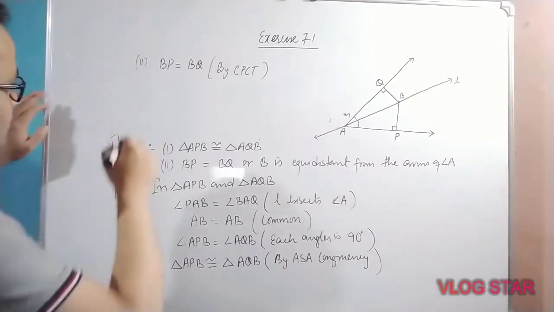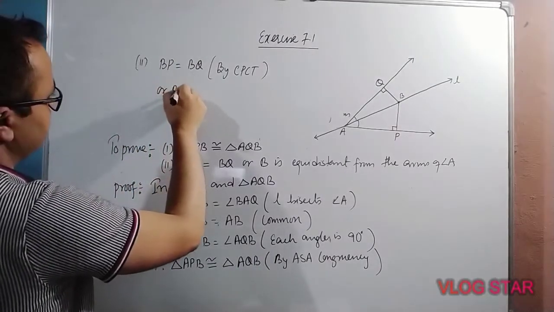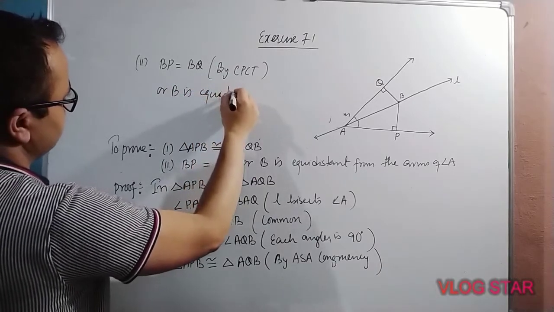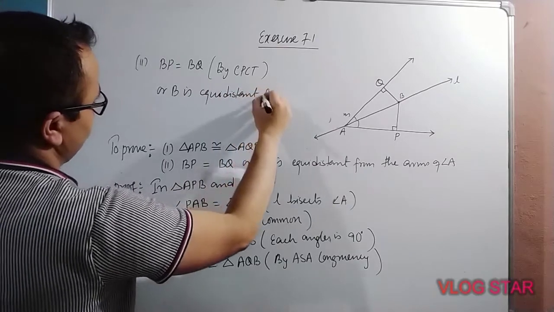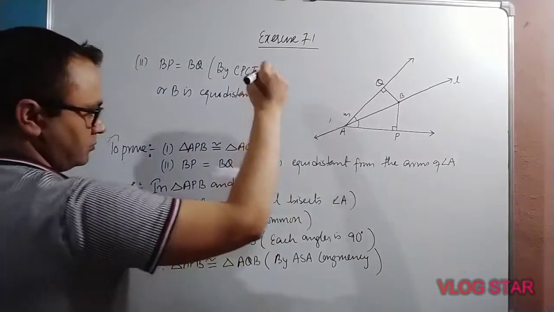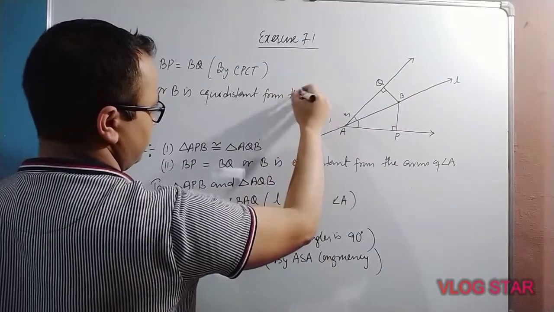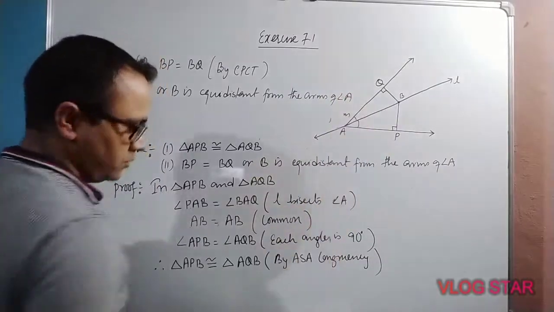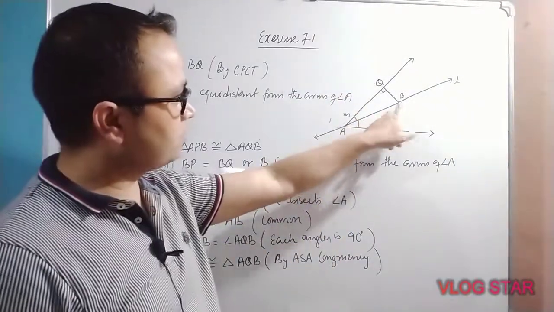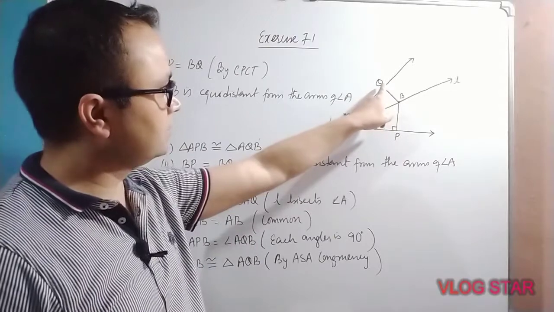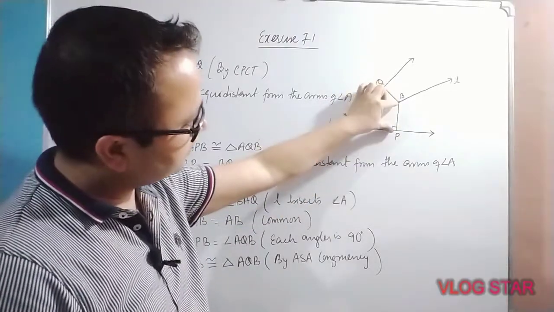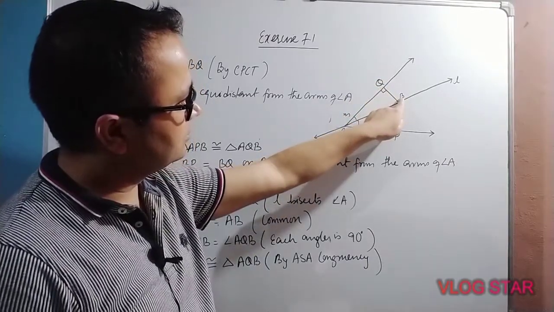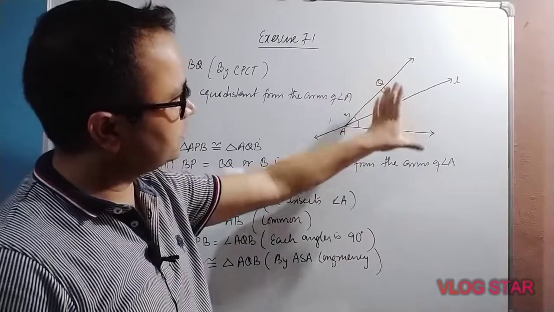Or B is equidistant from the arms of angle A. So this equals this. Equidistant means equal distance.